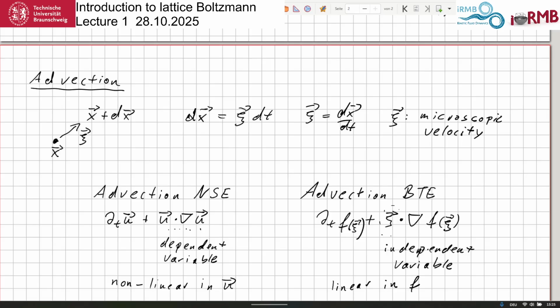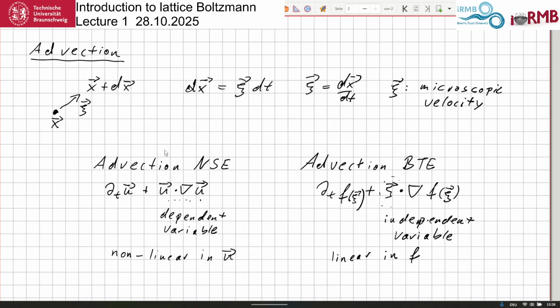Yeah, we go from a 3-dimensional space to a 7-dimensional space. Okay. So it's interesting, because we are describing the same thing either with a nonlinear equation or with a linear equation.